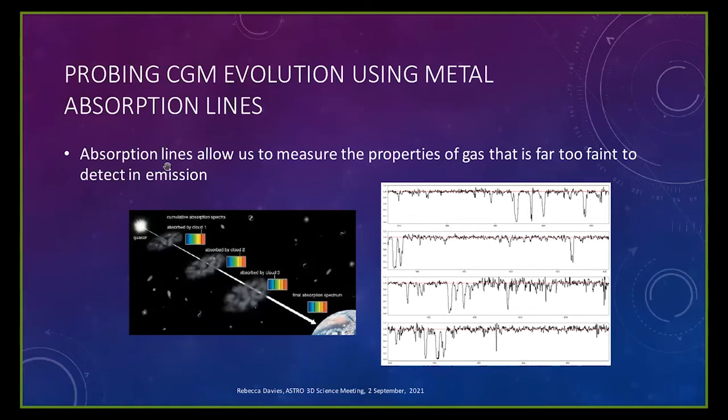As photons travel from distant quasars to our telescopes, they pass through any clouds of gas between the quasar and us, and each cloud of gas imprints a series of absorption lines in the spectrum, producing something like what you can see in this plot on the right. So if we're able to obtain high-quality spectra of distant quasars, we can actually measure the evolution in CGM properties over cosmic time and hopefully track the buildup of enriched gas in halos.